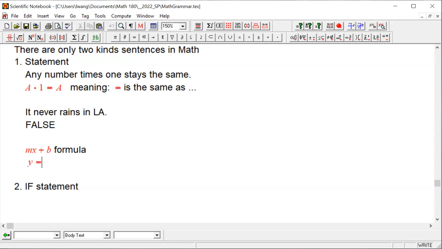You say y equals mx plus b. This is still a formula, but what does this say? It says you have that formula, right? A number m multiplied by x plus b, and we do the calculation and we get the answer, and we assign the answer to another quantity we call y.